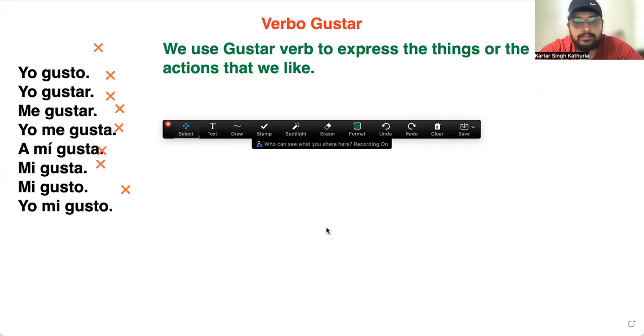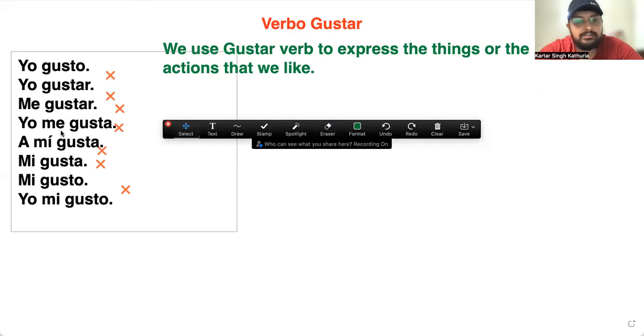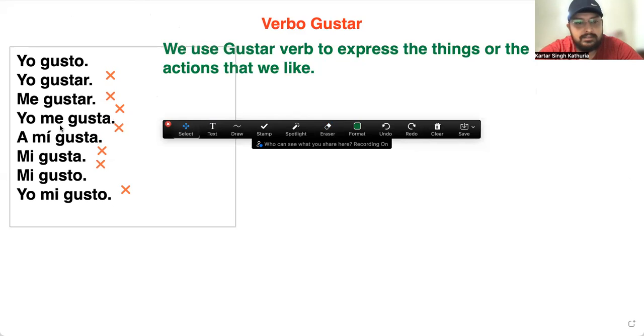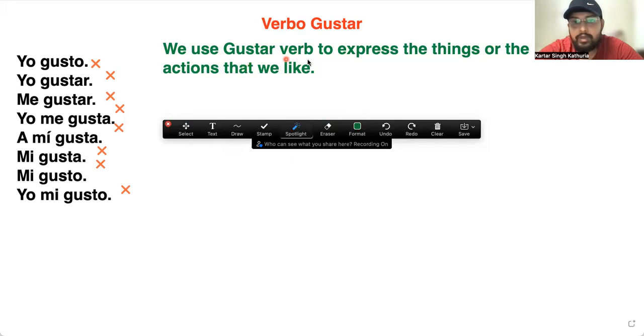Indirect pronouns, objetos indirectos. You need not focus on the terminology, but you need to focus on how it works, how it functions. Okay, so these all are incorrect sentences. All right, there we start. So the main motive is, as you're aware, to express the things or the actions that we like to do.